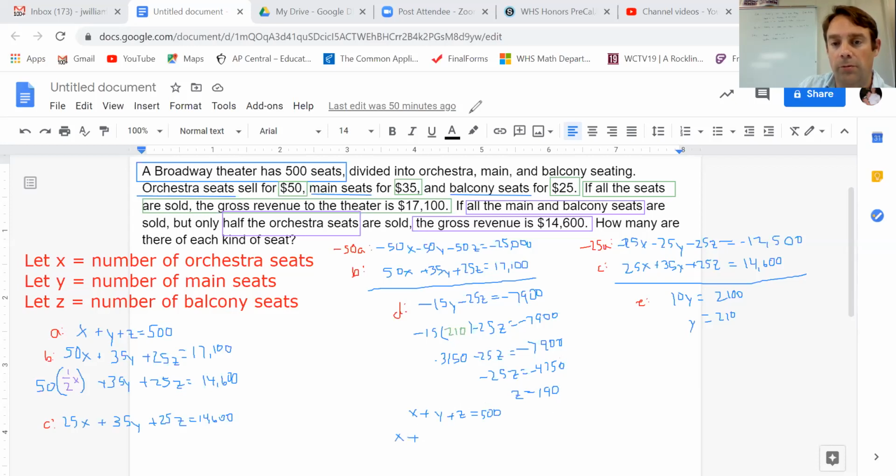We had 210 and then we had 190. So x plus 400 equals 500. That means we had 100 orchestra seats.